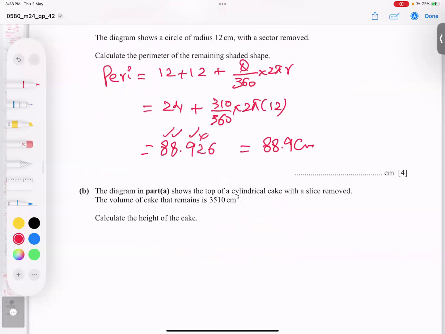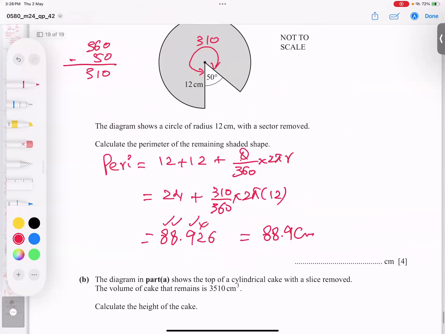He said here, diagram part A shows a top of a cylindrical cake, with a slice removed, the volume of, okay, students, I will just try to show you. This is not easy to show even for me, but I will try to show you.